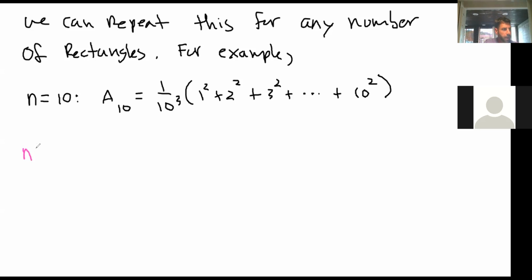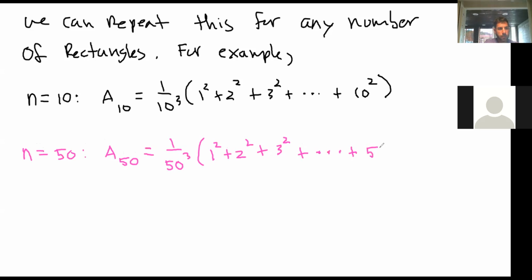For n equals 50, I would have 1 over 50 cubed times 1 squared plus 2 squared plus 3 squared all the way up to 50 squared.